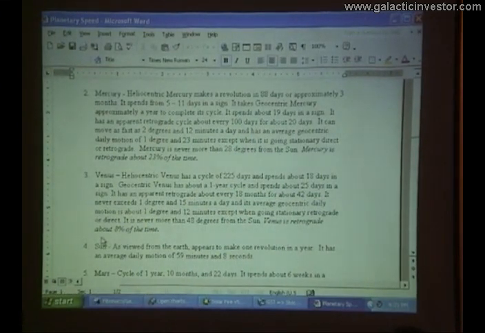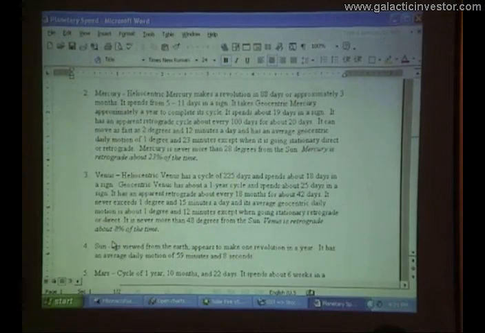Venus is retrograde about 8% of the time. It has an apparent retrograde about every 18 months for 42 days. So that is a rare occurrence. It's the least often of all planets that are retrograde. The most frequent retrograde is Mercury.